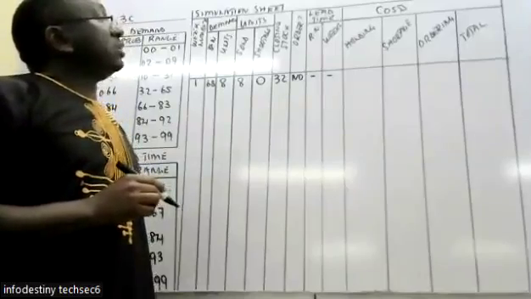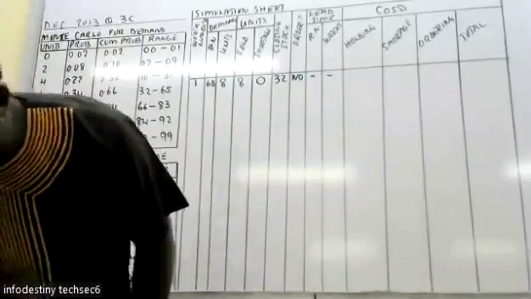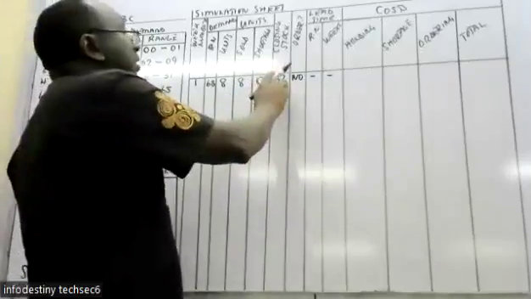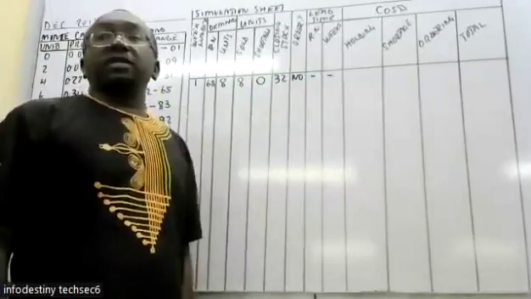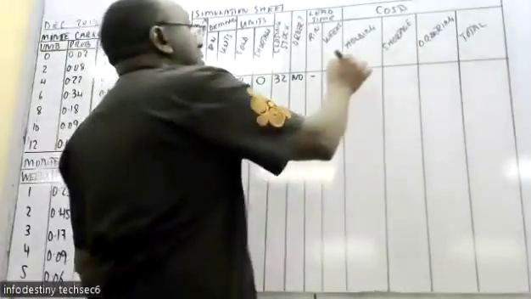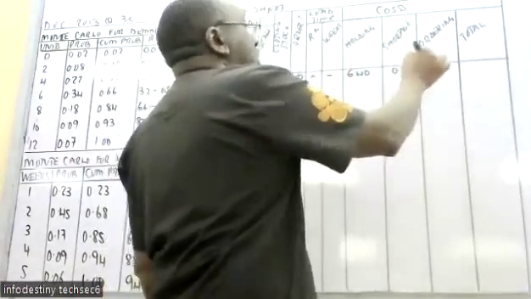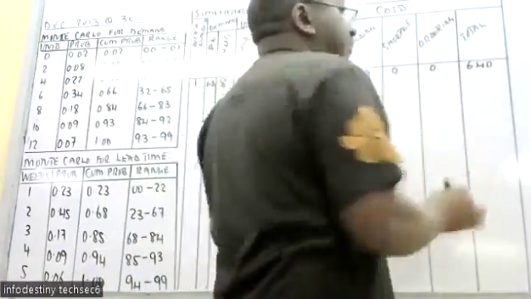So the holding cost will be 20 bob per unit. So 20 multiplied by 32 is what? 640. We do not have a shortage and we don't have ordering, so this is 640.